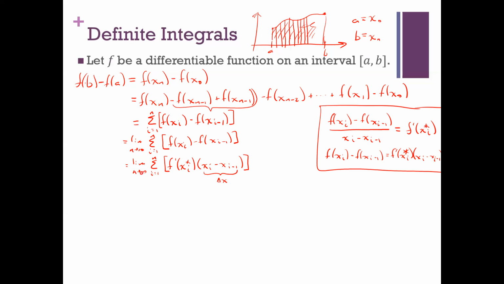So when I limit a Riemann sum this way, that's basically the definition of what other thing that we've been dealing with. This right here is an integral. This definite integral from a to b of this function.